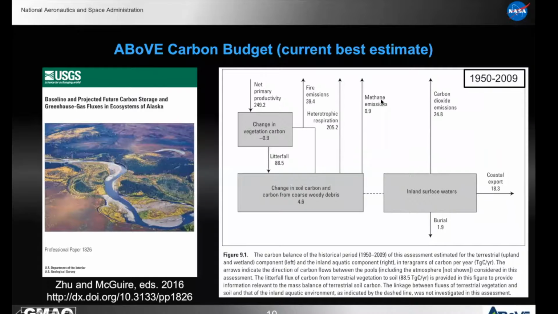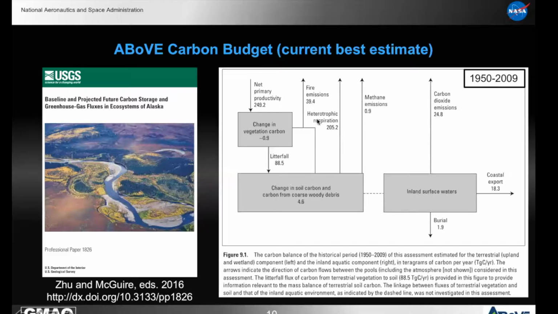This also follows a paper from Dave McGuire, which synthesizes the same information in a slightly different format. The two numbers I would like to point out are that, with the numbers that have been formulated here, it's really difficult to close the budget.